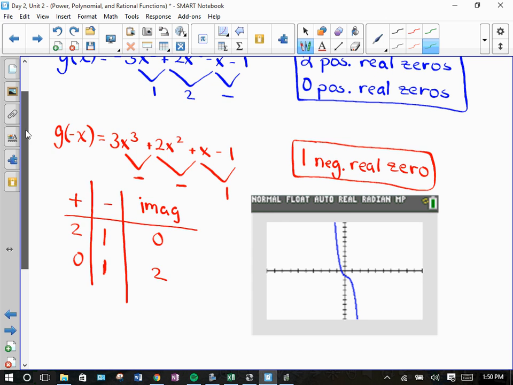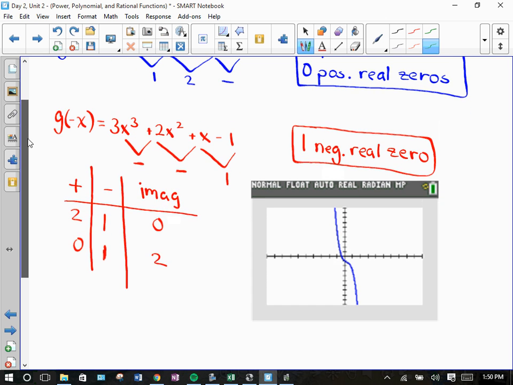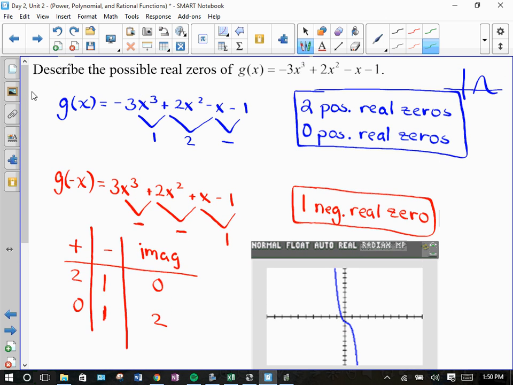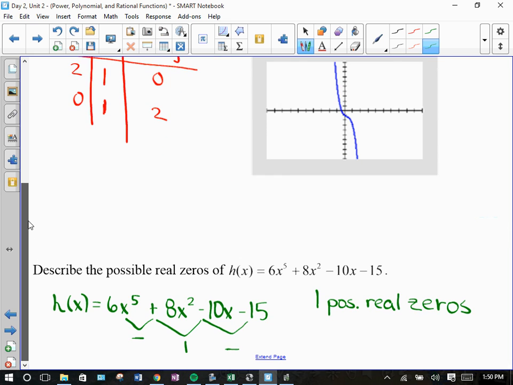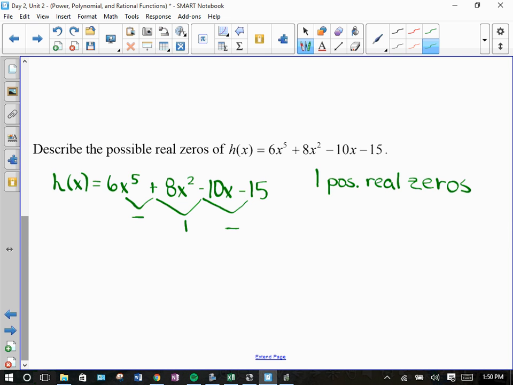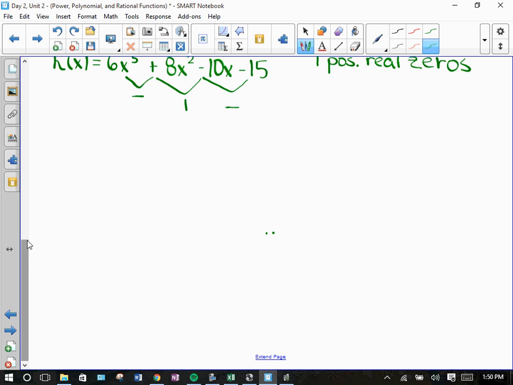No. The rule says that the number of positive real zeros of f is equal to the number of sign changes of f of x, or less than that number by some even number. Well, I can subtract 2, but if I subtract 2, I get negative 1, and I can't have negative 1.